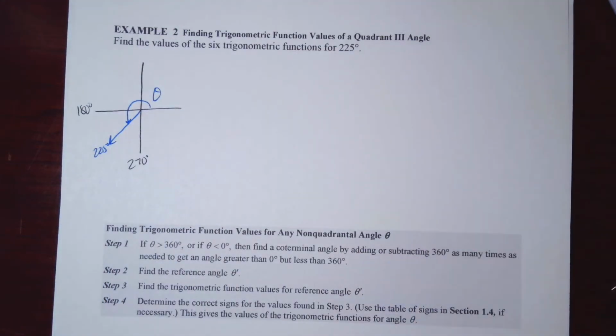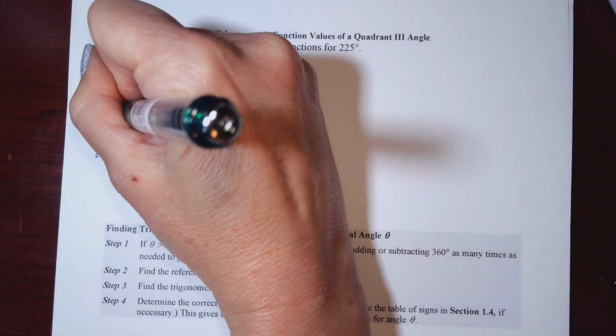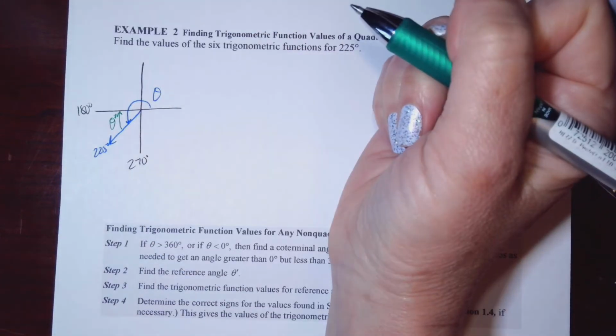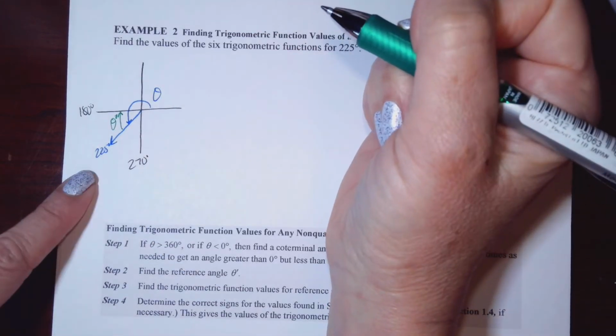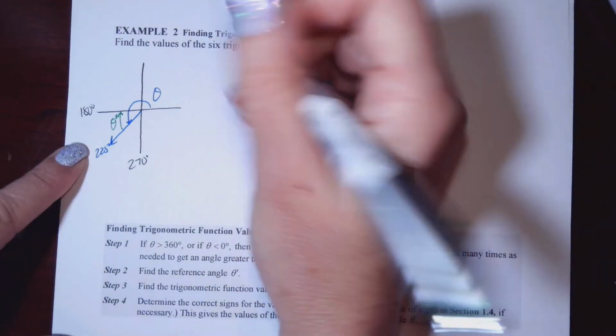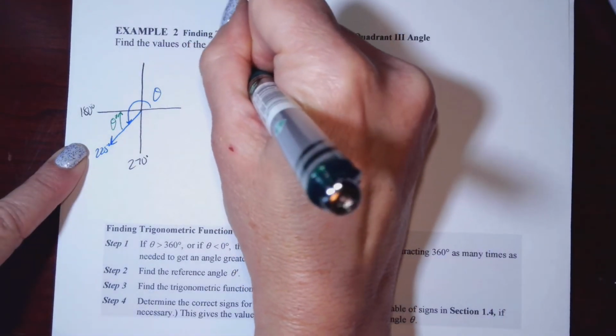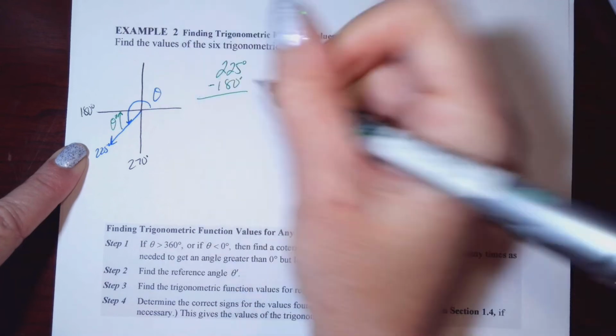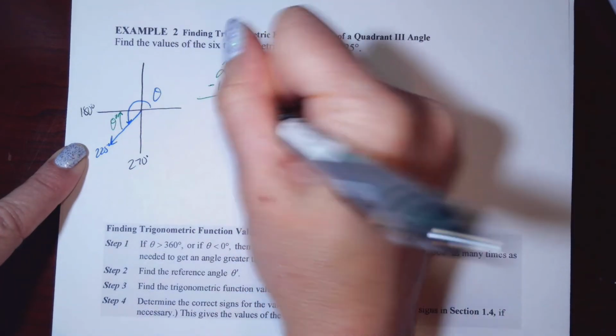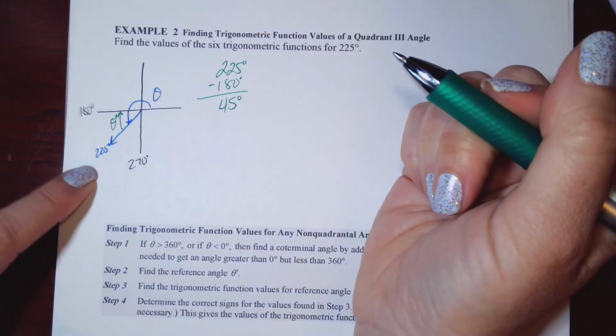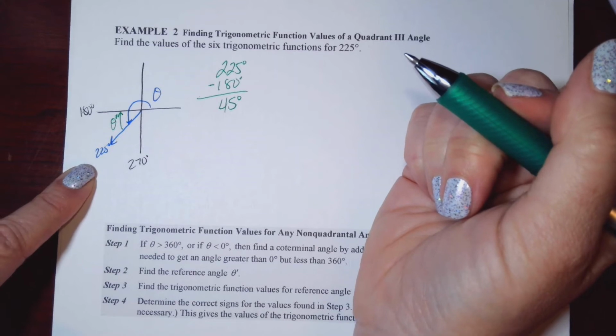I need to figure out, okay, how far off of the x-axis am I? What's my reference angle for 225? Well, I've gone past 180, so let's do 225 minus 180, and I figure out that that difference is 45 degrees. So this 225 is one of my 45s.